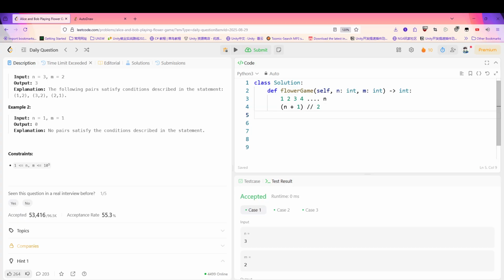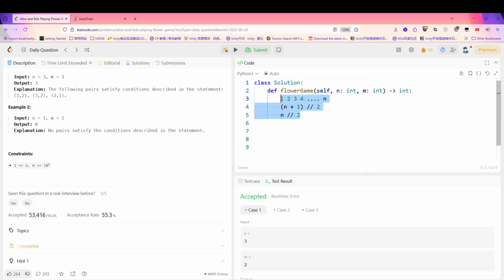If we want to count the number of even numbers here, we get n floor division 2. So that is a method that we can get all the odd numbers and even numbers from a range. And for range 1 to m also, we will use this one.